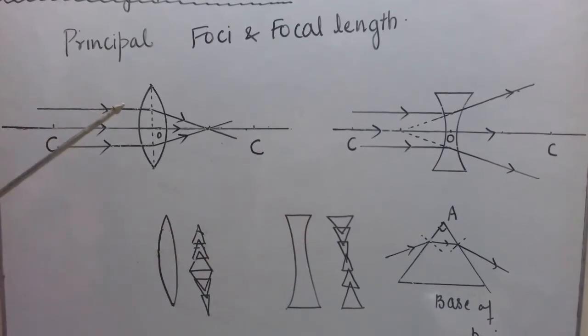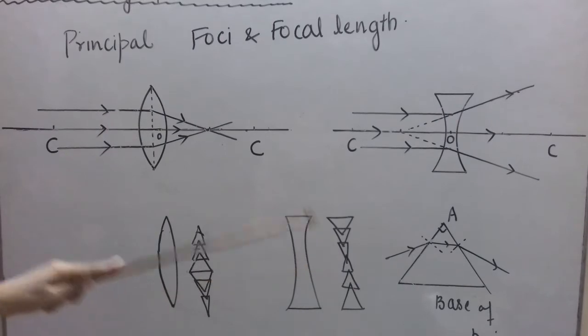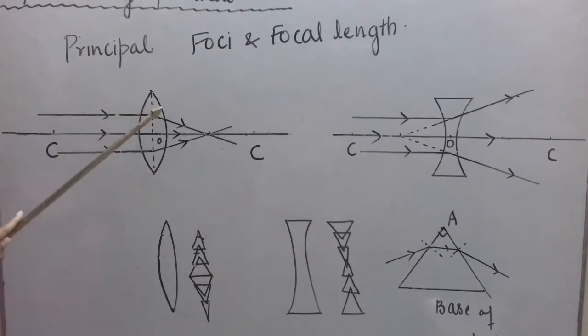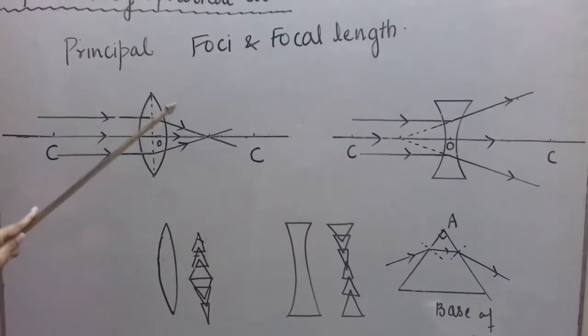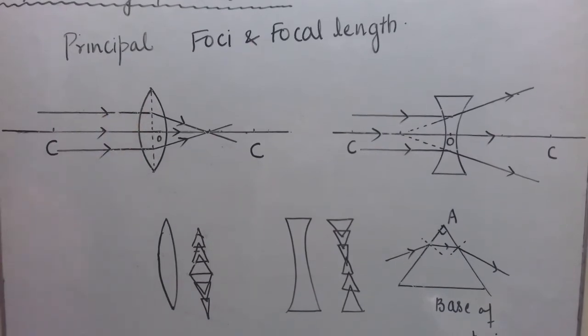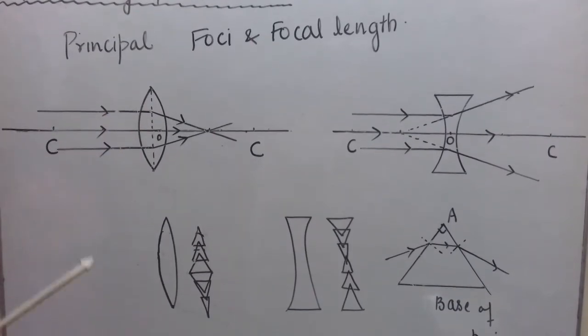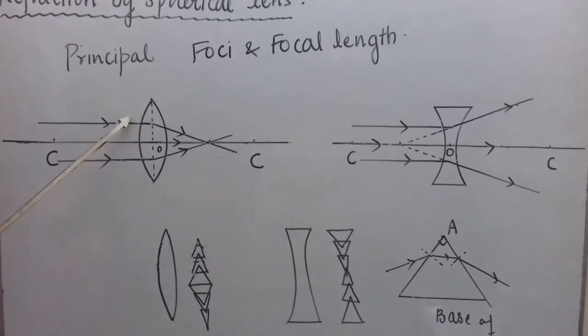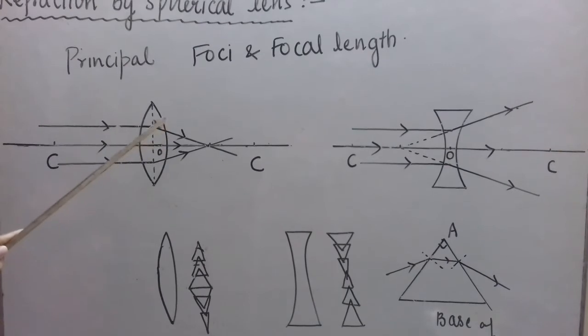So here also the refraction, like in a prism, actually takes place twice. First here it enters from air into glass, and then here from glass into air. Twice the refraction should take place. But the diagram will be very complicated and very confusing. So instead of showing two refractions, always you will find only one refraction shown.